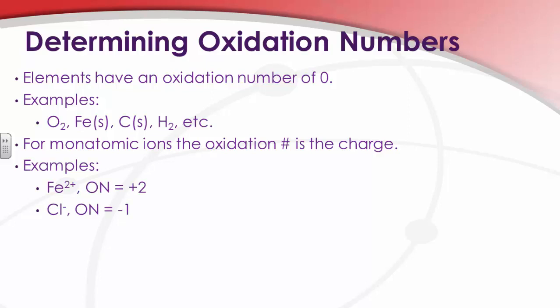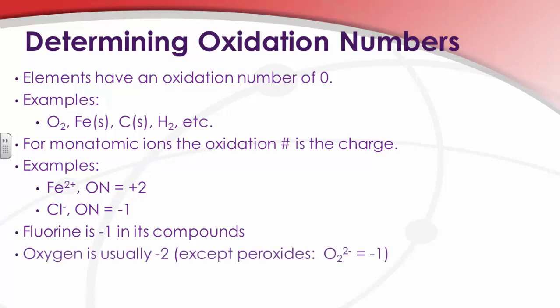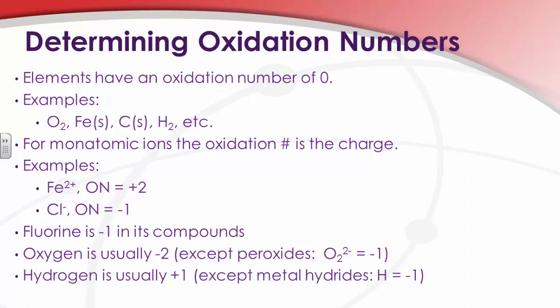So Fe2+, the oxidation number is +2. Chloride, oxidation number -1. Now in any compounds it forms with anything besides itself, fluorine will have a -1. Oxygen is usually -2, except in peroxides. And hydrogen is usually +1, except in metal hydrides. In those cases, hydrogen is -1.